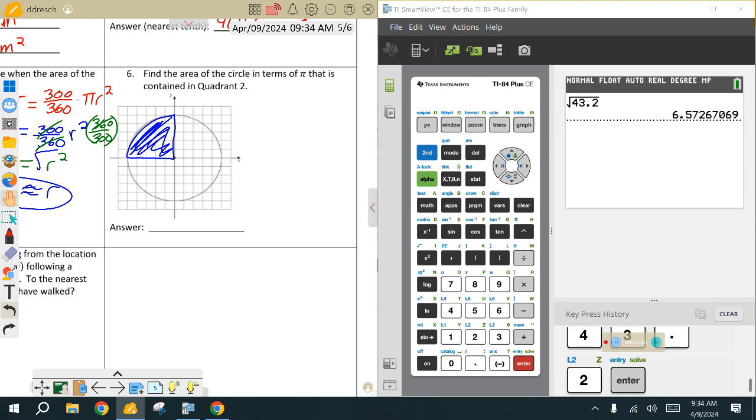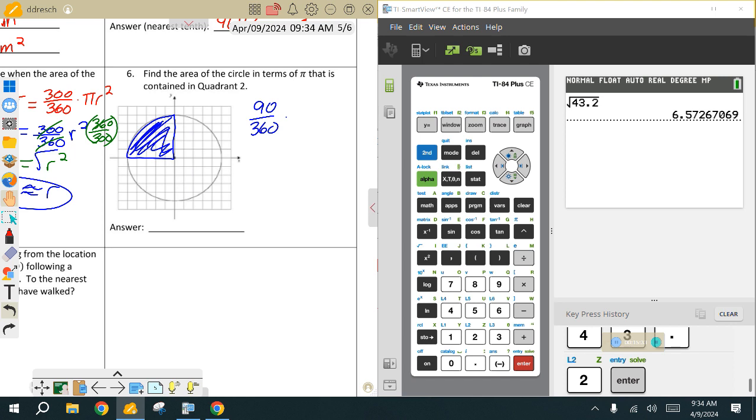And as Caden said, when he said a quarter, even if we didn't know what a sector was, you still can easily find that out. But we now know that those are called sectors. So go at it. A fourth of that area, or 90 over 360 of that full circle. What's the radius of that full circle?